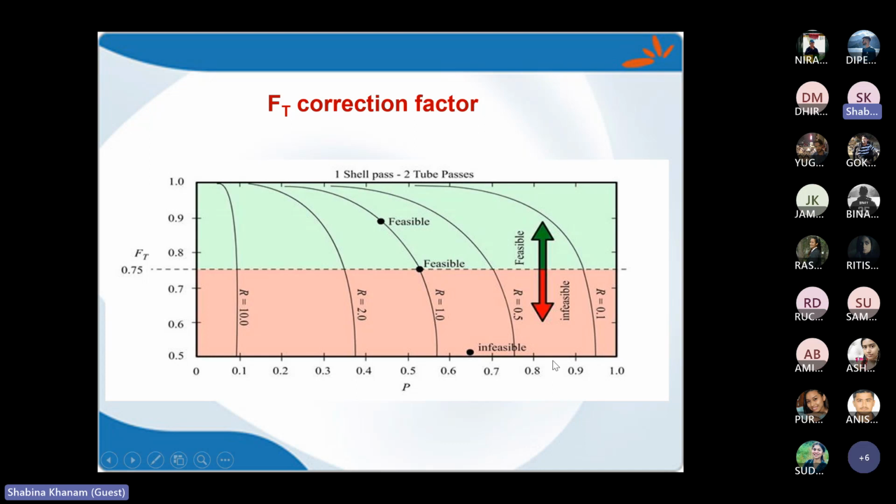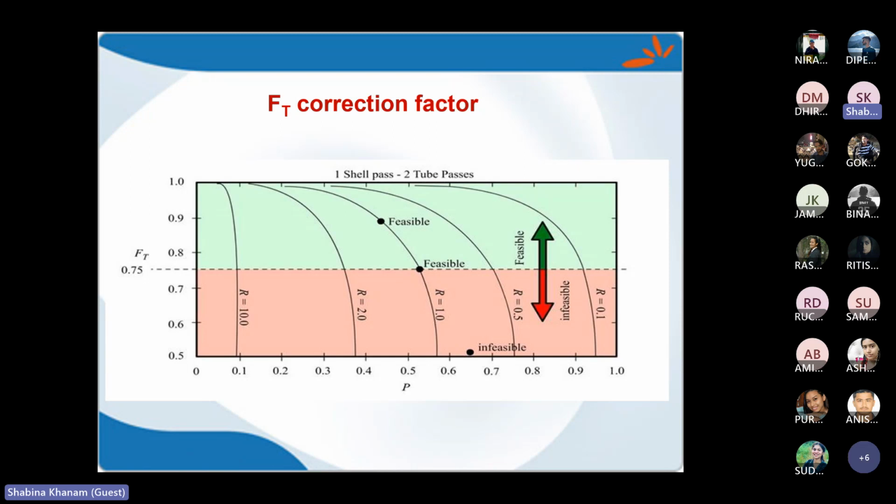Okay, now consider this FT correction factor in the mean temperature difference. What we have considered is delta T mean equal to FT into delta T LM. As the FT value will not go beyond 1, it will reduce the mean temperature difference, it will reduce delta T mean.